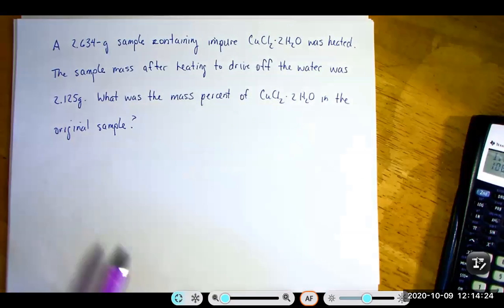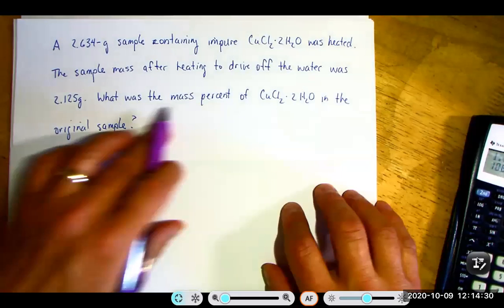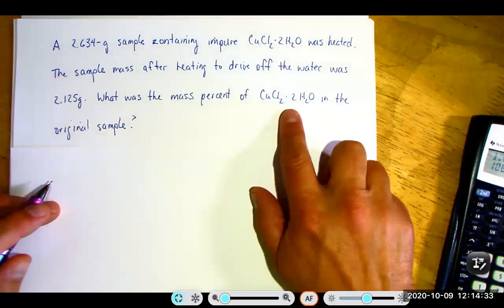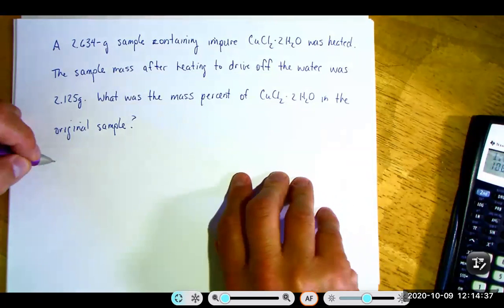So we're going to start with the question that is really asked here. What is the mass percent copper 2 chloride dihydrate in the original sample? So the answer to the question is a calculation.